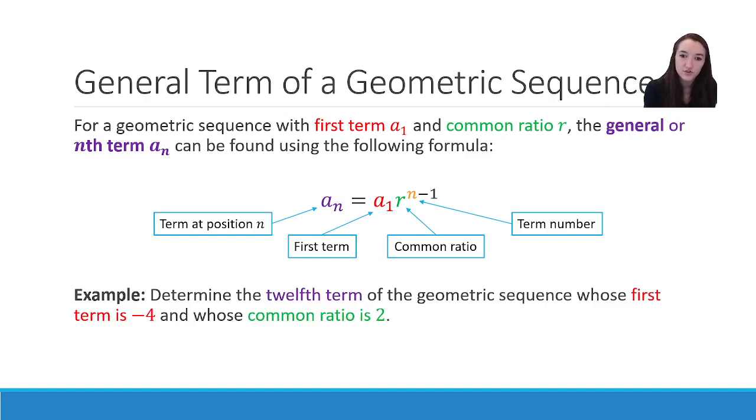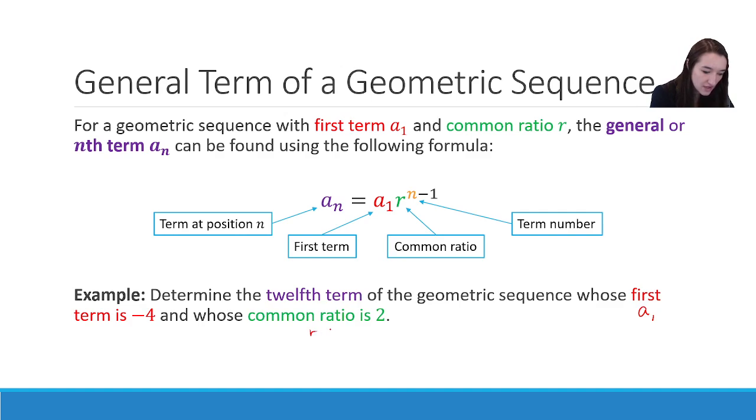Determine the 12th term of the geometric sequence whose first term is -4 and whose common ratio is 2. In this question, once again, you're just being given most of the facts. You just have to know what to replace. First term -4 means that's A1.